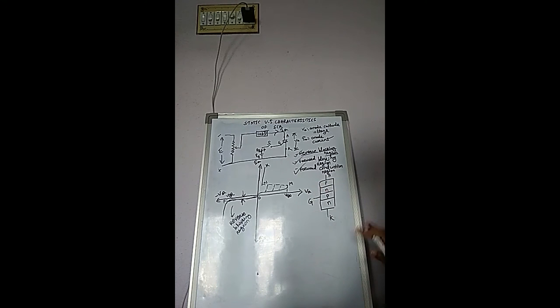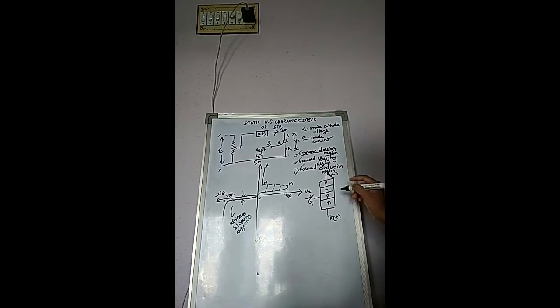From this layer diagram also you can understand the reverse blocking region. When the cathode is made positive with respect to the anode and switch S is open, this is the switch S, meaning the gate circuit is open.